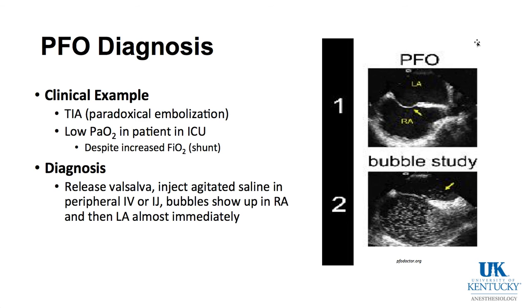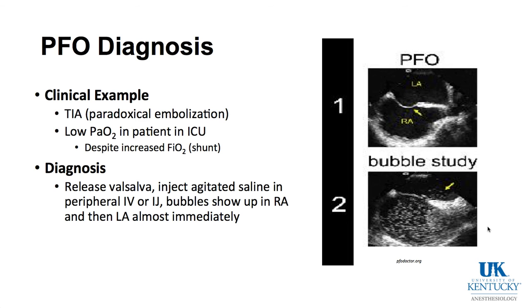Now, the picture at the right shows an interatrial septum bowing from the left side over towards the right side. And when you inject agitated saline, which is called a contrast bubble study, you can take 10 cc syringes with a stopcock in between and inject fluids back and forth through the stopcock, and you'll see the saline in the 10 cc syringe look kind of cloudy.